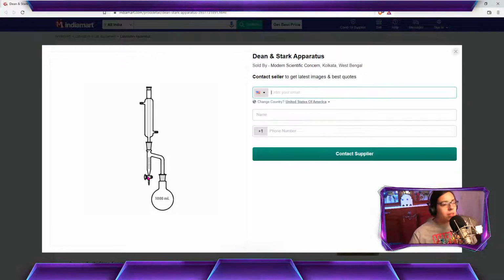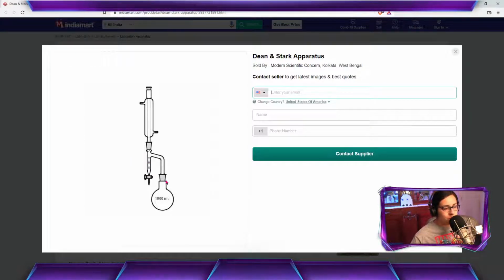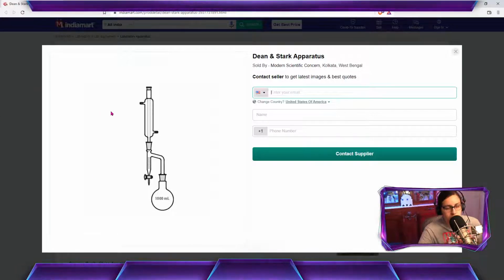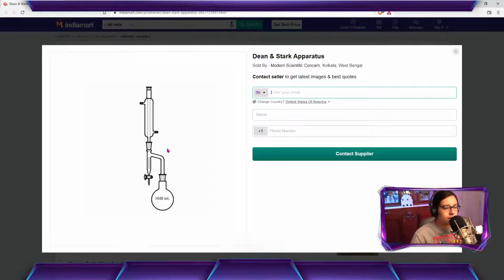I haven't ever had a need for that, let's just say. So usually there's not that much water. Maybe you'll collect it halfway full. The rest will be your organic, and it'll keep going in. But this is a great way to drive your reaction forward. Because if you're thinking about chemical equilibrium, if you're removing one of the products, aka water, that will continue to help drive your reaction.